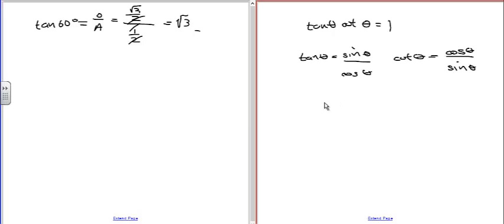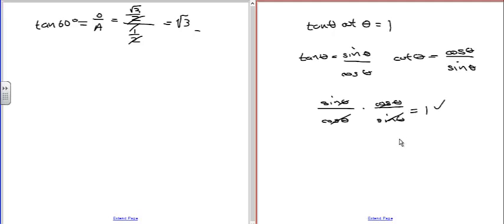And if you substitute those in, you get the sine of theta over the cosine of theta for the tangent, and the cosine of theta over the sine of theta for the cotangent. And you see this cancels out with that, and that cancels out with that, and you get 1.